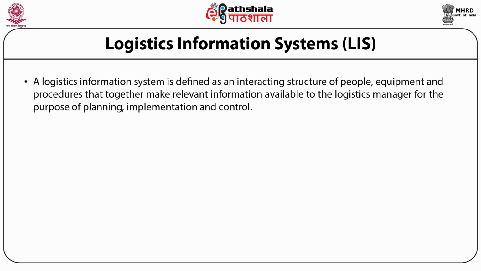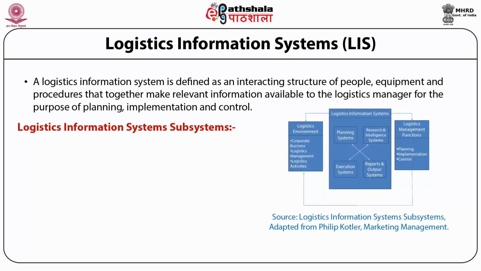A logistic information system is defined as an interacting structure of people, equipment, and procedures that together make relevant information available to the logistic manager for the purpose of planning, implementation, and control. Logistic information system subsystems.